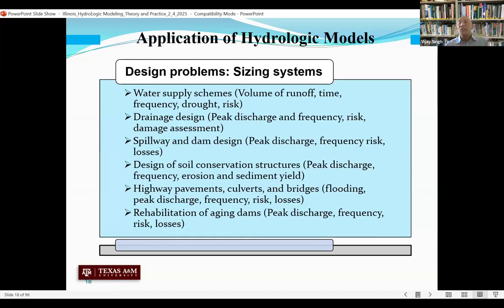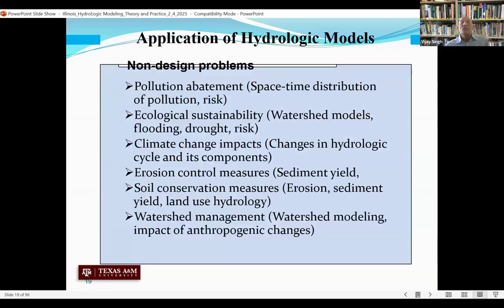Likewise, for drainage design, where you need peak discharge, again frequency, risk, damage assessment, spillway and dam design, likewise design of soil conservation structures, highway pavements, culverts, bridges, rehabilitation of aging dams. In all of these, either we need the volume, but mostly peak discharge, frequency, risk, and even losses.